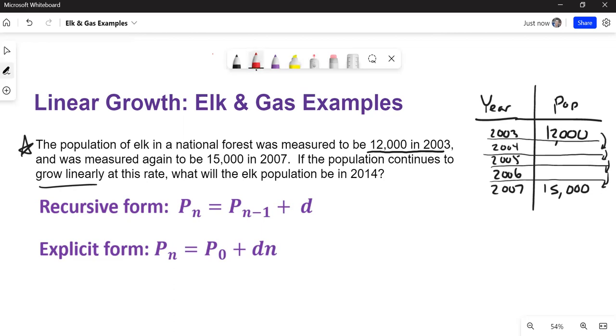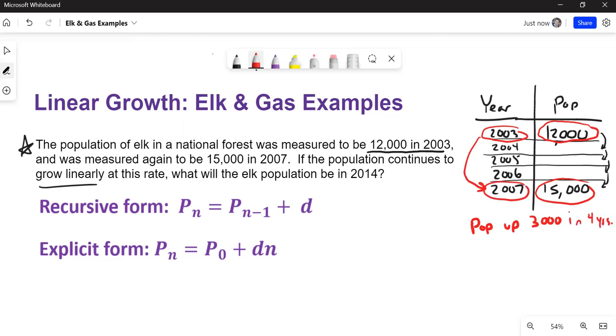Okay, so one way to think about it is, how much did it change from the beginning to the ending? Well, my population went up 3,000. And then how long did that take? Well, that was from 2003 to 2007, 4 years.